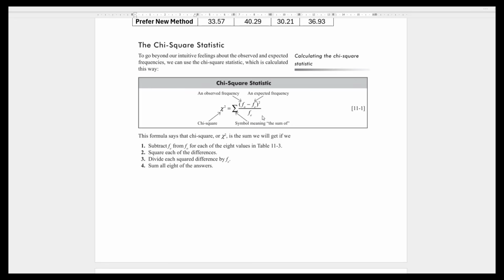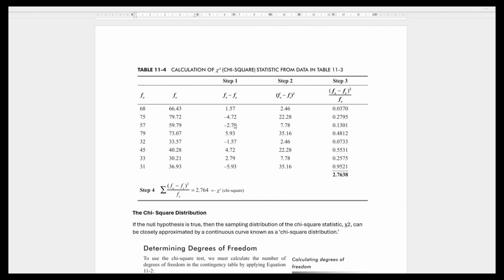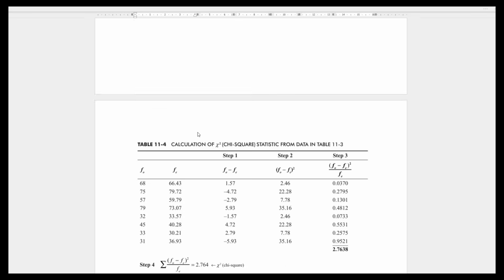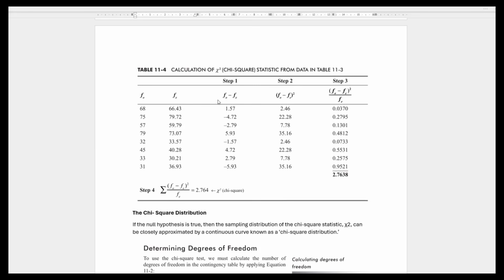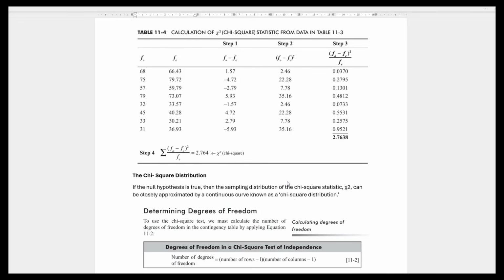Step by step, you can see here the observed frequencies and the corresponding expected frequencies, which we have got from these two tables. Then this is the difference square, and difference square upon FE will give you this. When you add all this, you will get your chi-square. So this is your chi-square by calculation.